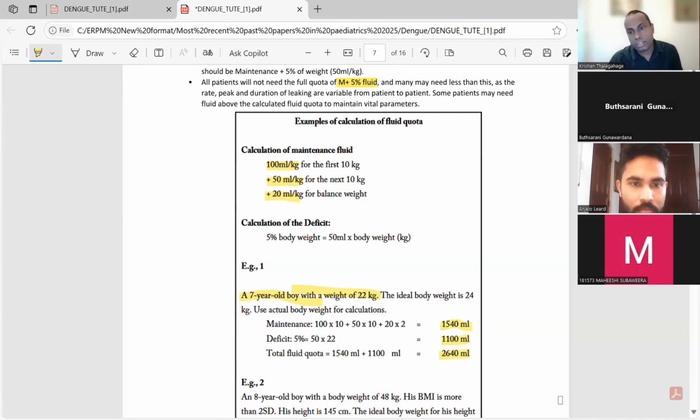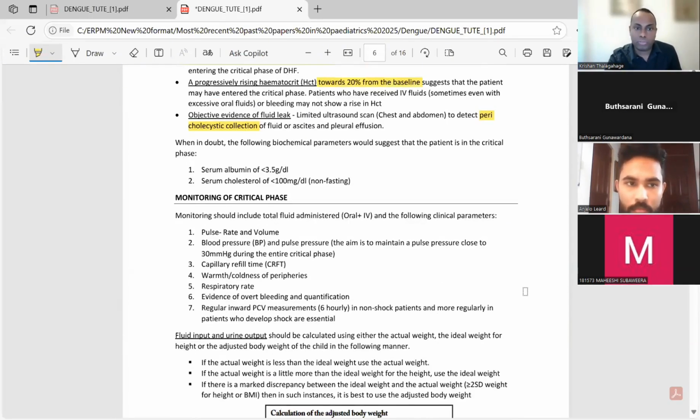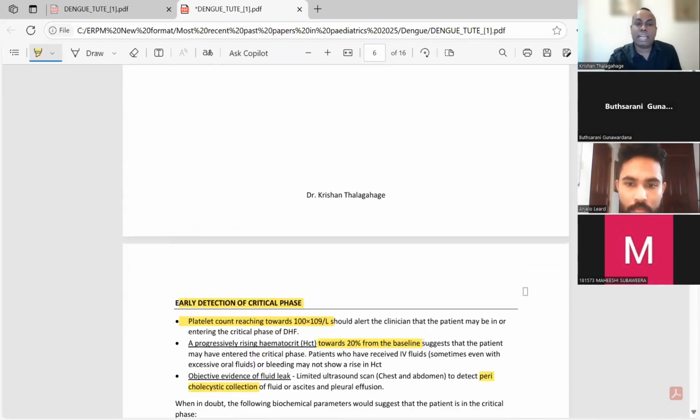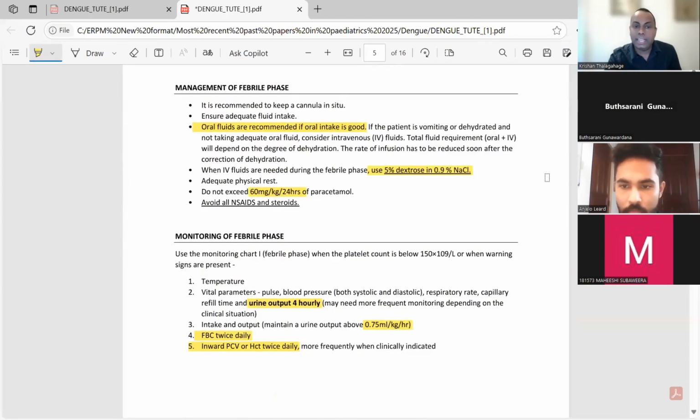Was that understood? Now, the question asked by Angelo is, how much fluid should we give in the febrile phase? If the child is in the febrile phase only, you give the maintenance amount of fluid only, over 24 hours.